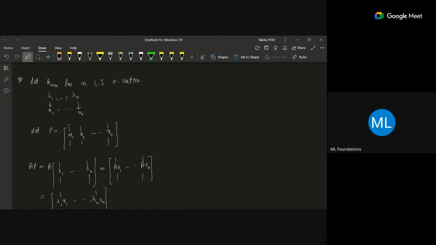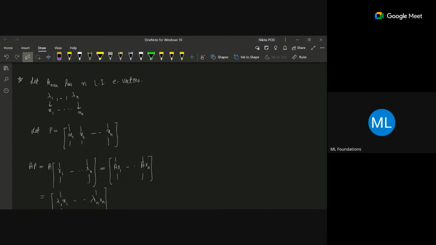Okay, so the next thing is, if your matrix is diagonalizable, then we say this n cross n matrix will have n linearly independent eigenvectors.